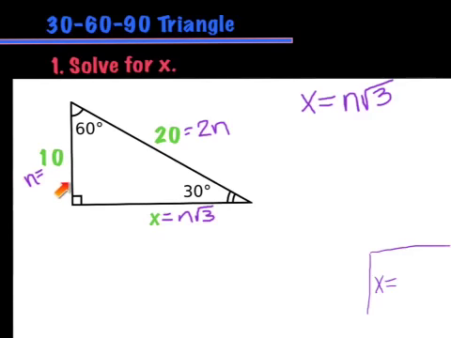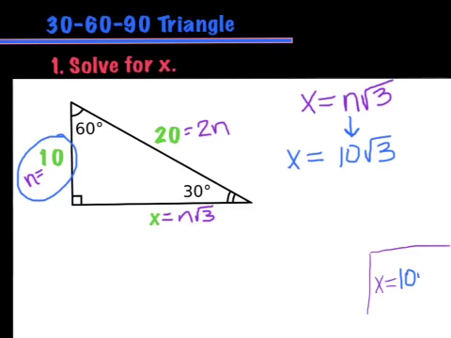Yes, n is 10. So I can just go ahead and fill that in. So x is going to equal 10 root 3. So 10 times the square root of 3. That's it.